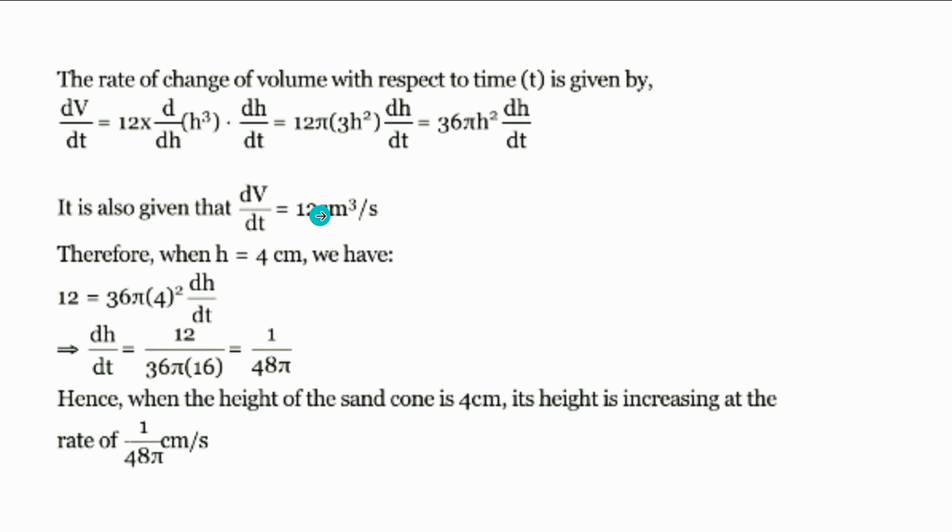It has been given in the question that dV/dt is 12 cm³ per second, and the height has also been given as 4. Substituting all these values, we get 1/(48π) as the answer. So the height of the sand cone, when it is 4 cm, is increasing at the rate of 1/(48π) cm per second.